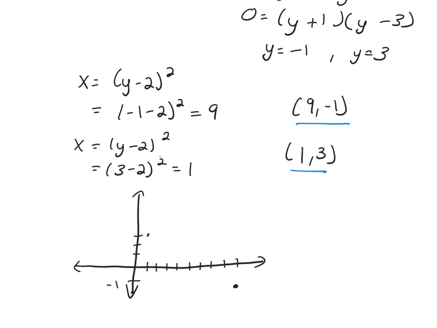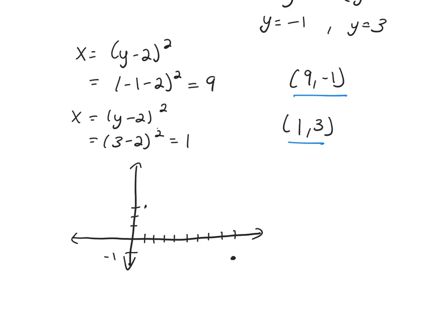So here's something that's a little bit harder this time, which is how to fill in this picture. Let's look at our two equations. They were x equals minus y squared plus 10, and the other one was x equals (y minus 2) squared. Normally your equations say y equals, right? So in these, the roles of x and y have been switched a little bit, because instead of saying y equals, it says x equals.